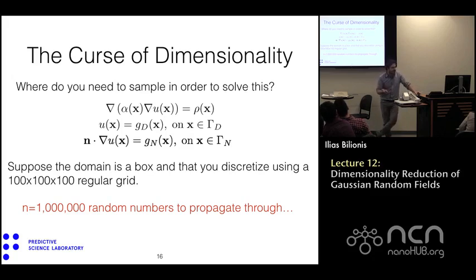It's impossible. The reason it is impossible is because, in order to sample the Gaussian process, you need to build a matrix that is n by n, where n is the number of points where you want to sample it. So you're going to have to build a matrix that is 1 million by 1 million, and it's not sparse. It's a dense 1 million by 1 million matrix.